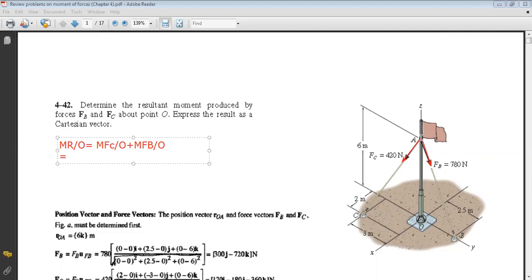So I will write that for FC, it's OA vectorial FC plus for FB, the moment about O is OA vectorial FB.